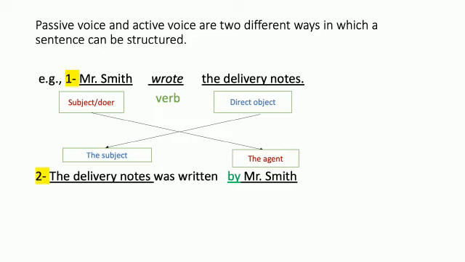And we have our verb, which is was written. We will see all the rules about how to transform your verbs from active to passive, depending on the tense of the active verb.